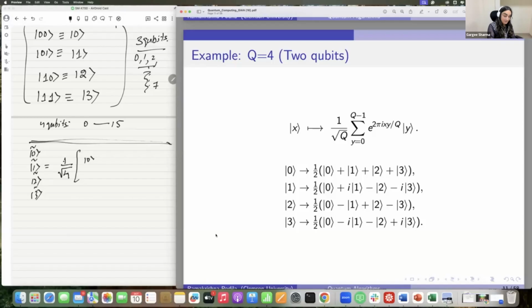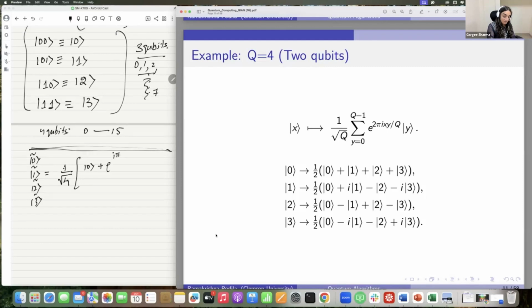The first term is exponential of 0, which is 1. And an exponential of 2 pi I by 4, which is I pi by 2, times 1, right?